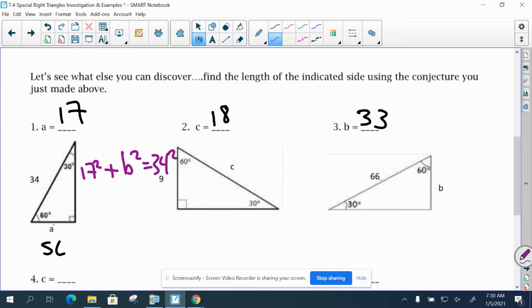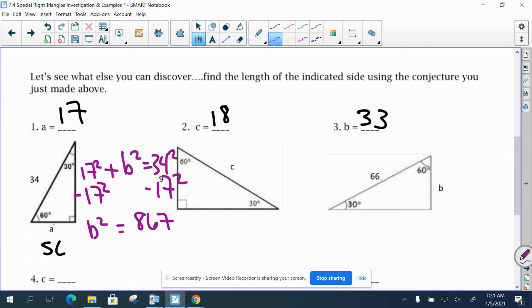All right, I'm going to take my calculator. 34 squared, well, I just subtract 17 squared from both sides. Minus 17 squared is 867. This might not be the most practical way to do this, but let's see.